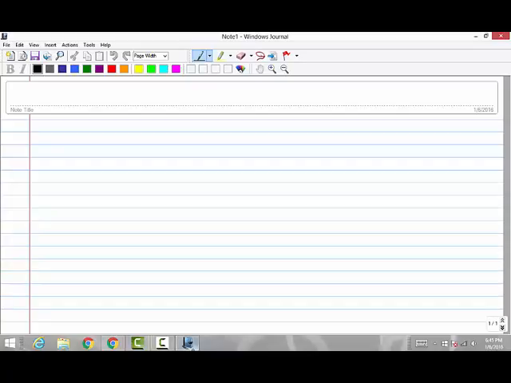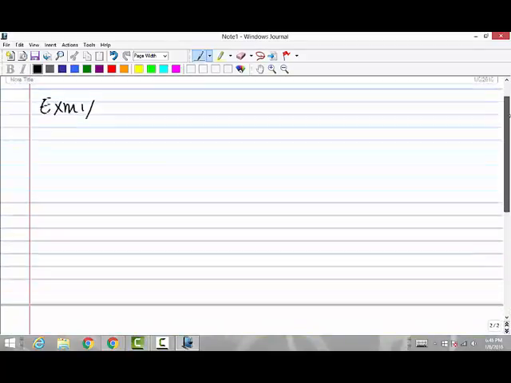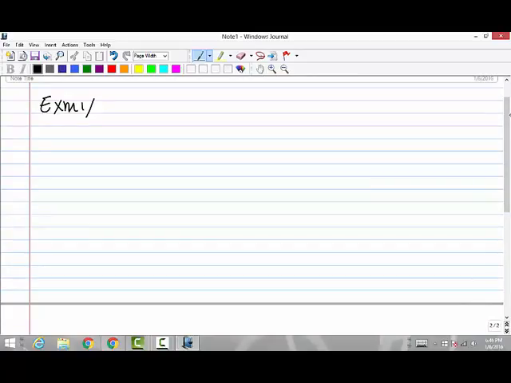So example 1. It says the water in a tank is pressurized by air. Hold on a second. Let me tell you something. So when you want to solve a question, you need to pay attention to every and each sentence.